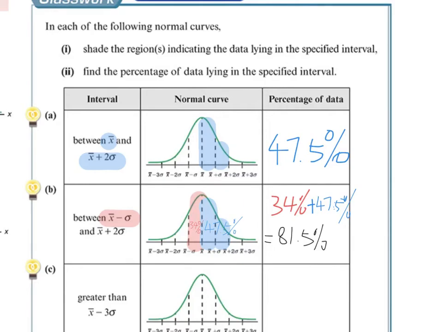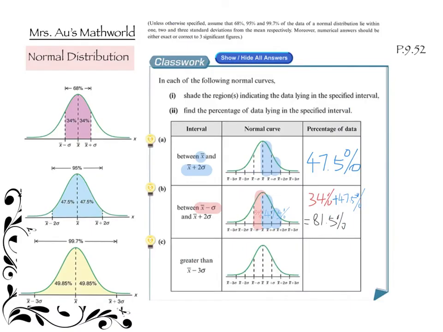So let's try to do part C. This time it says we want the data which is greater than x bar minus 3 SD. That means we want all these. If you want to do it in a careful way, then we can use addition of areas. First let's have a look at the value which is 49.85% here, which means this part.